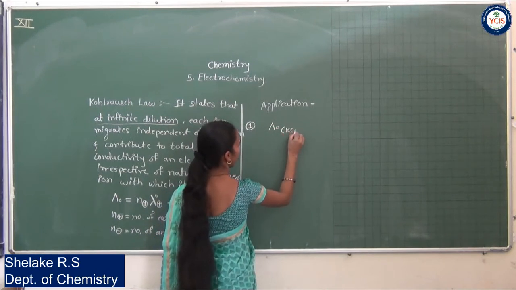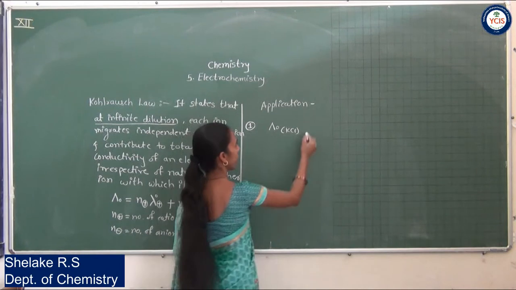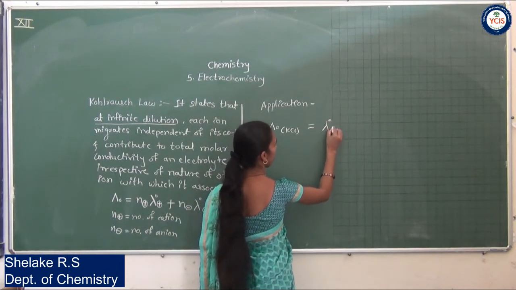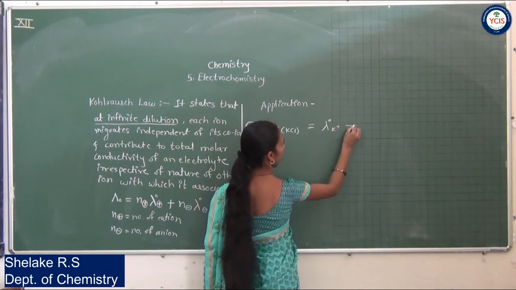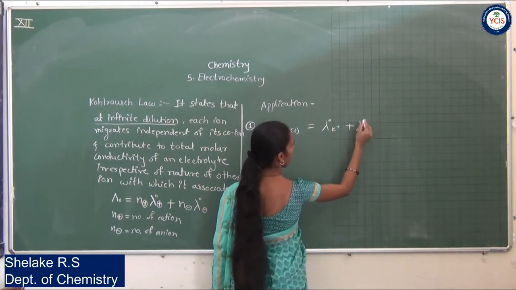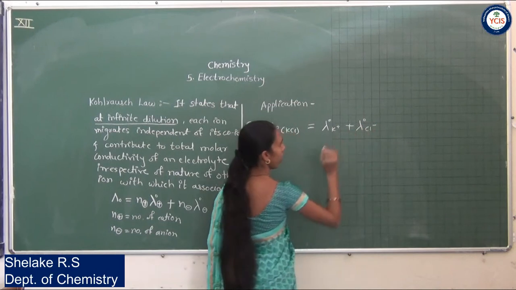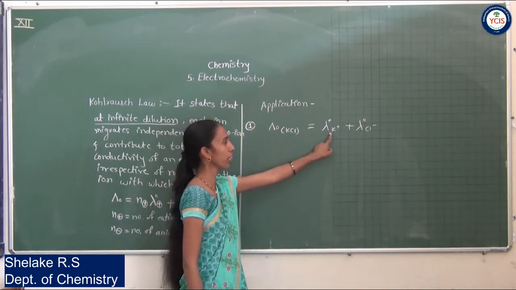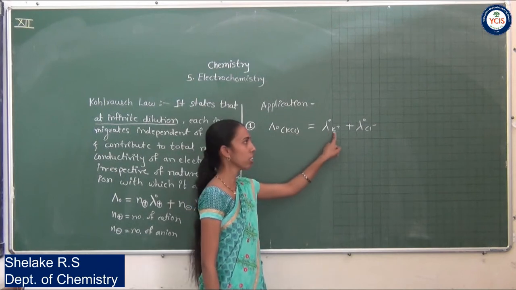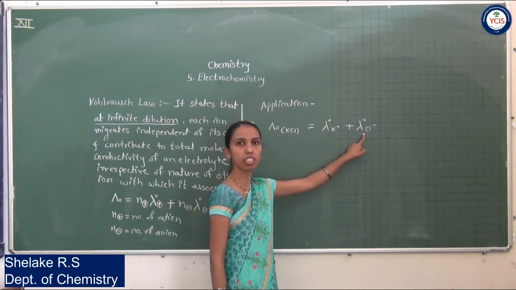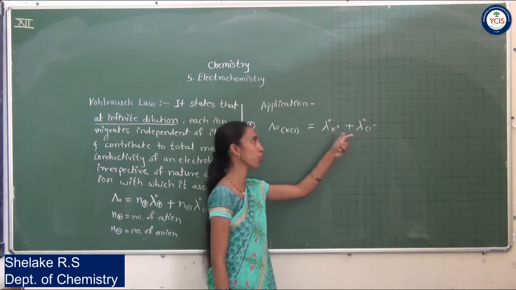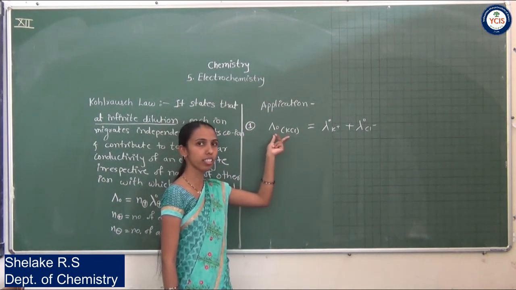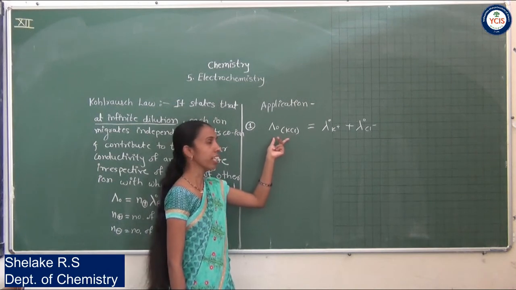The molar conductivity of KCl is equal to the molar conductivity of K plus ion plus the molar conductivity of Cl minus ion at infinite dilution. So by knowing these, we can find the molar conductivity of KCl, the electrolyte, at infinite dilution.